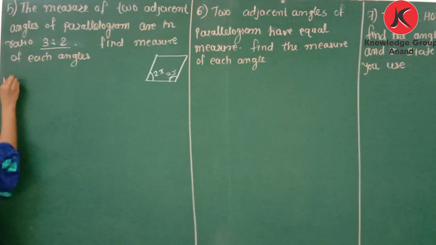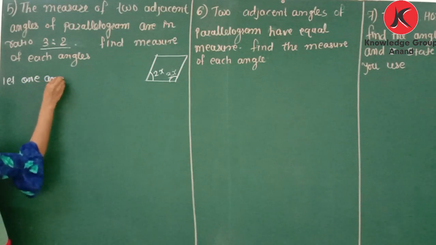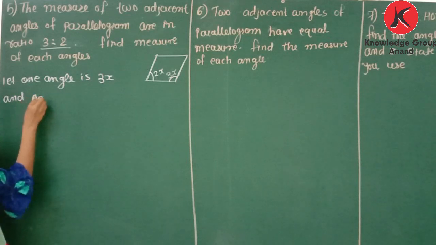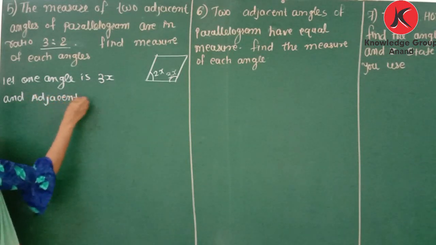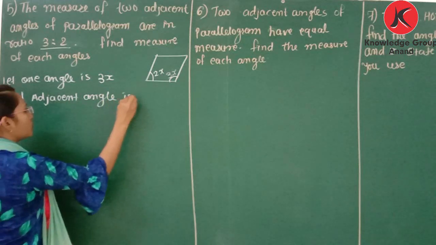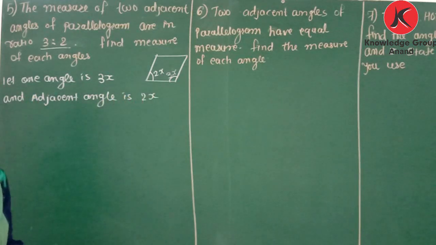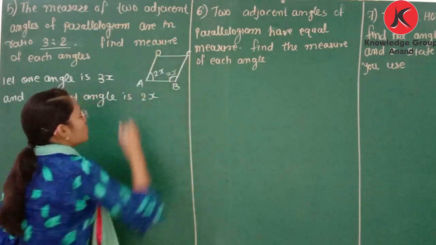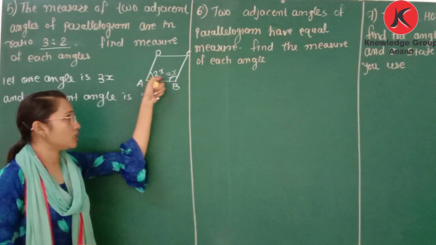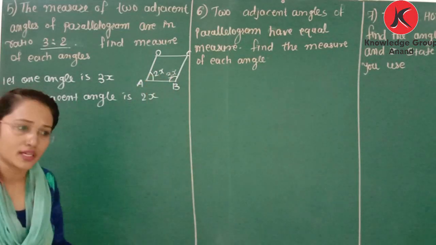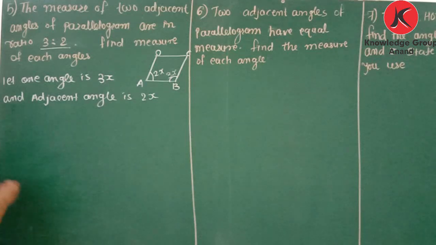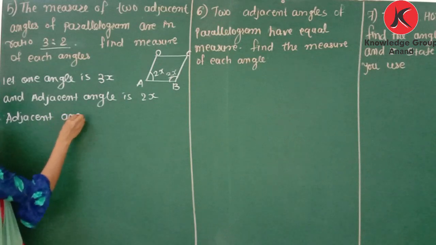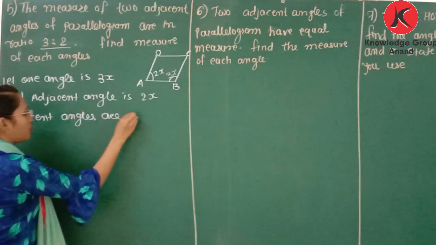So let one angle be 3x and the adjacent angle be 2x. Now we learned the property of a parallelogram. Let's say this is ABCD. If angle B is 3x and angle A is 2x, A and B are adjacent angles, and adjacent angles are supplementary.